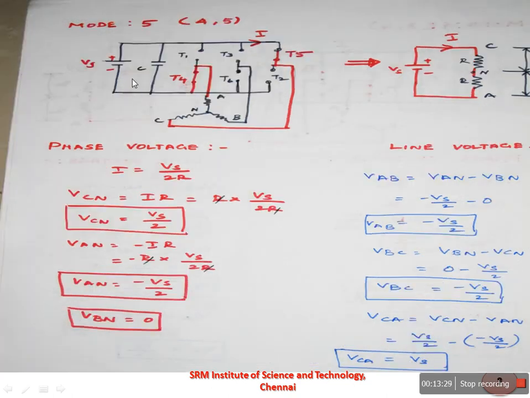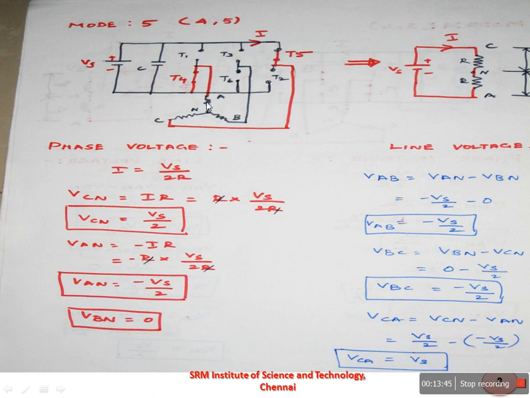Now coming to mode 5 operation, thyristors 4 and 5 are conducting, which means thyristors 4 and 5 are going to act as a closed switch. Thyristors T1, T3, T6 and T2 are going to act as an open switch.